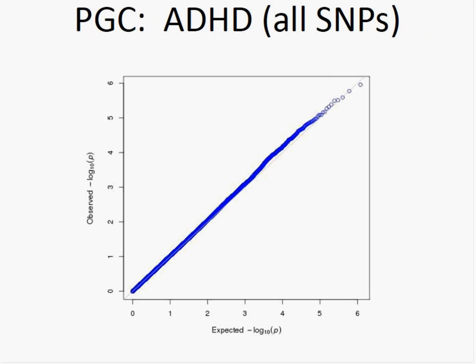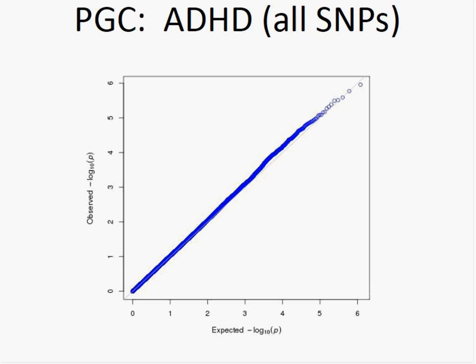A similar sort of thing I'm going to show here for data from the Psychiatric Genetics Consortium, just pulling information on attention deficit hyperactivity disorder. In blue, again, the QQ plot using all SNPs, pretty much defining the null, as we've seen for many of the GWAS.